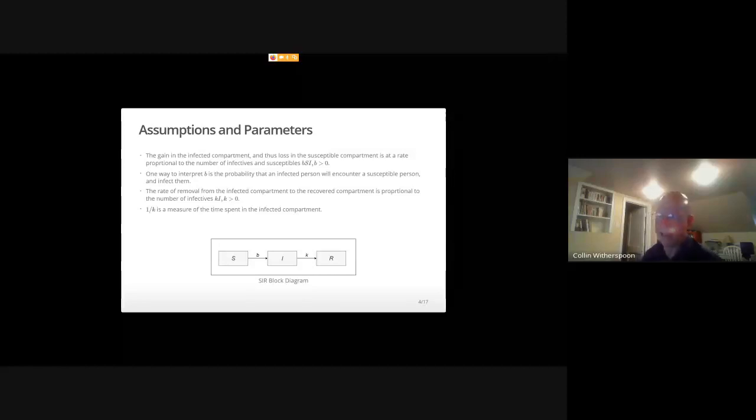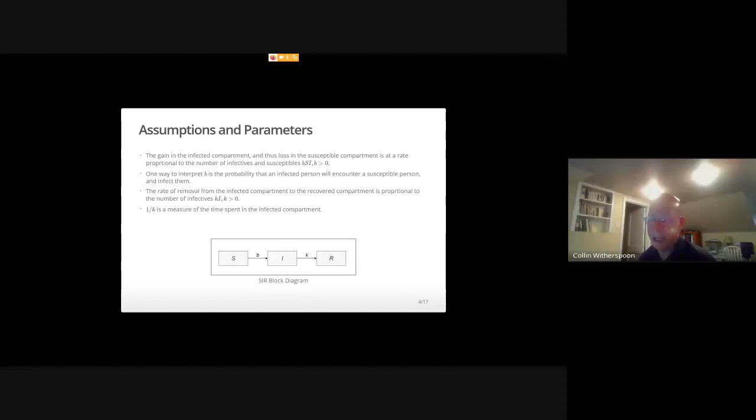That indicates a proportionality between S and I. One way to interpret that B parameter is as the probability that an infected person will encounter a susceptible person and infect them. So it's like a probability parameter.